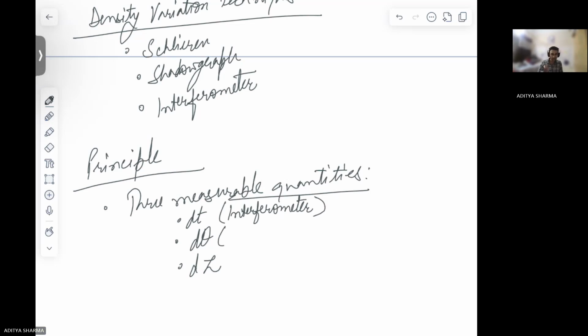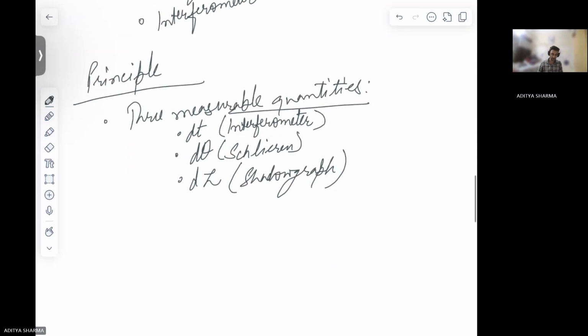Schlieren works on this, and your shadowgraph works on this. So this is there.